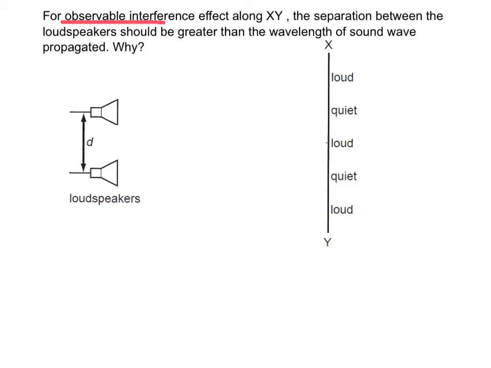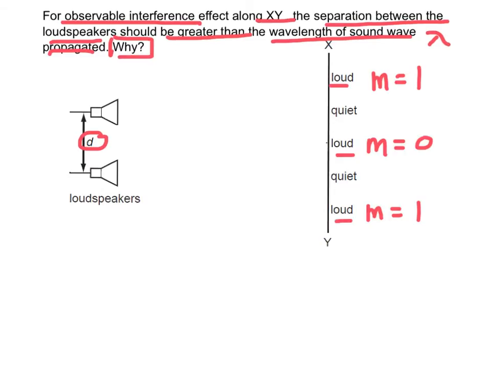For observable interference effect along XY, the separation between the loudspeakers D should be greater than the wavelength of the sound wave propagated, lambda. Do you know why? For interference effect with first order maximum, the first loud sound is of first order, m equals 1.